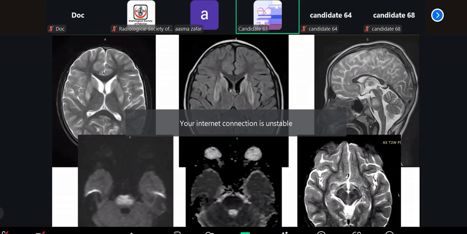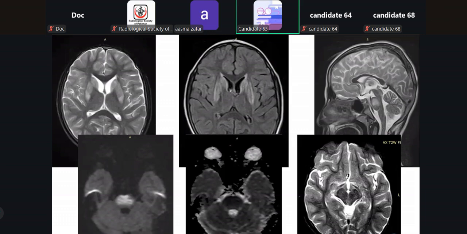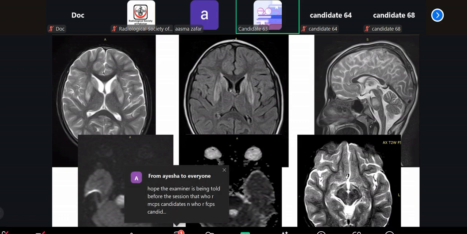So, it can be due to some lead poisoning, or differentials would be central pontine myelinolysis can also give this appearance. Carbon monoxide poisoning. His siblings are also affected.